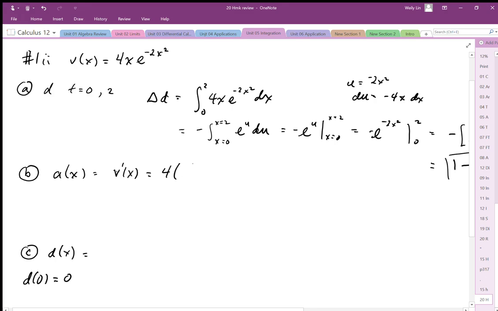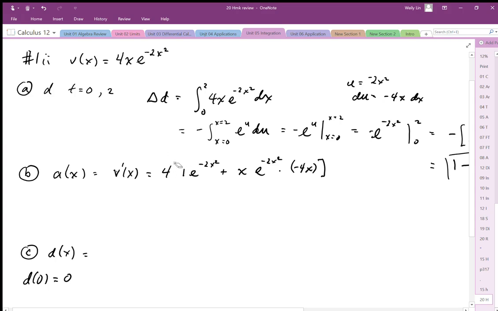use the product rule. So it's going to be 1 times e to the negative 2x squared plus x times e to the negative 2x squared times the chain rule, so negative 4x ends up being our chain rule here. I'll put that in square brackets.